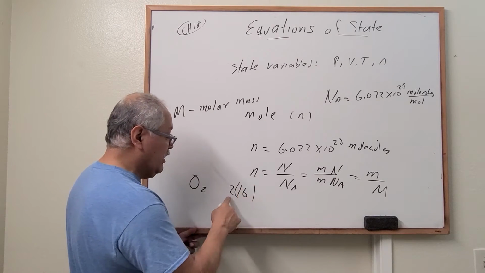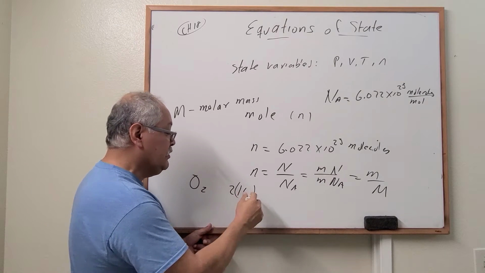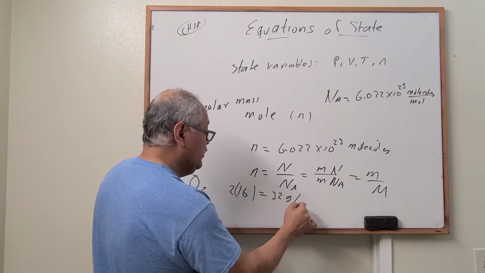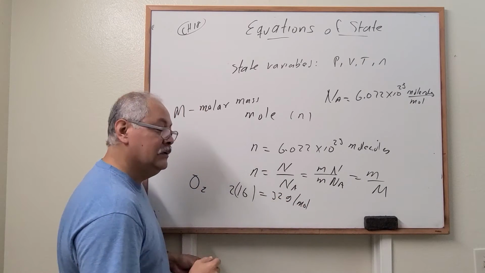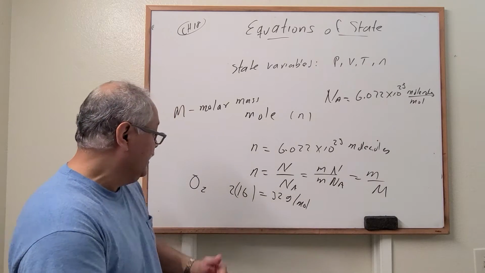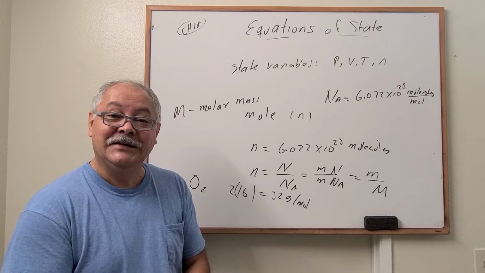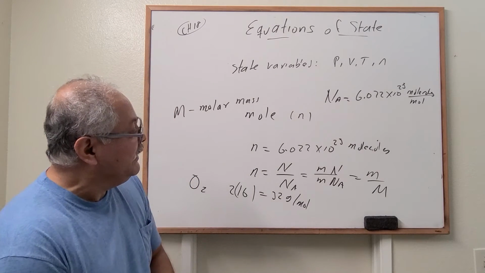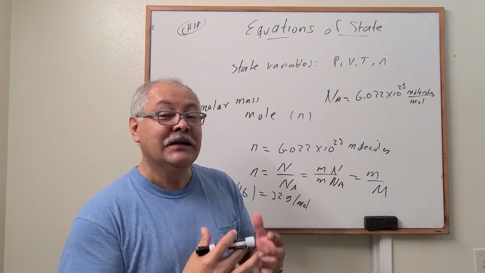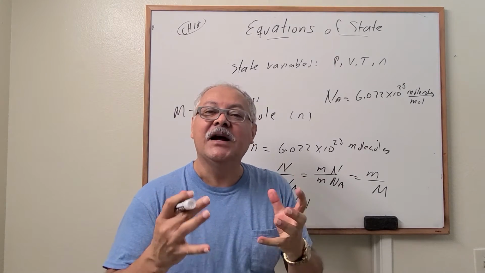So at the end, what do we have? Because this is a diatomic molecule, 16 times 2 equals 32 grams per mole. That should be the molar mass, for example, for the molecule of oxygen, and so on. Perfect. Now let's take this information to find the equation for an ideal gas.